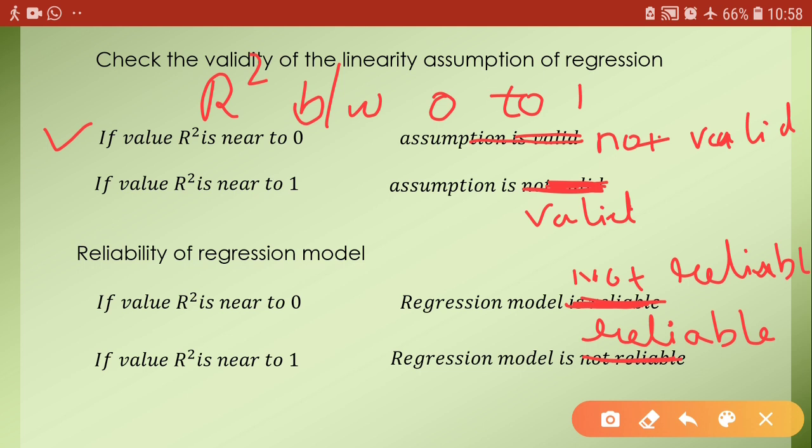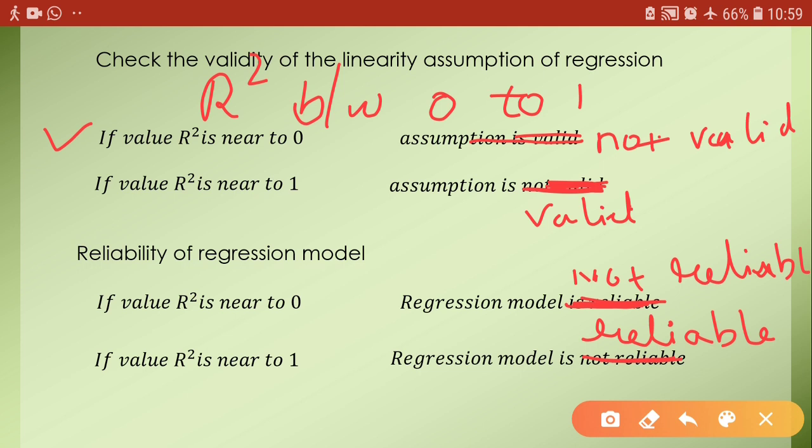Now, what is near to 0 and what is near to 1? Practically, 0.1, 0.2, 0.3, 0.4 are all near to 0, and 0.6, 0.7, 0.8, 0.9 are all near to 1. Some students ask, sir, what if the answer is 0.5?